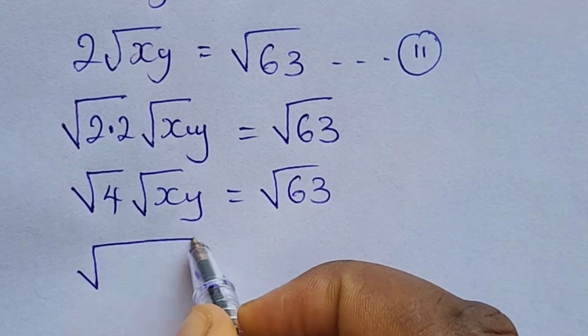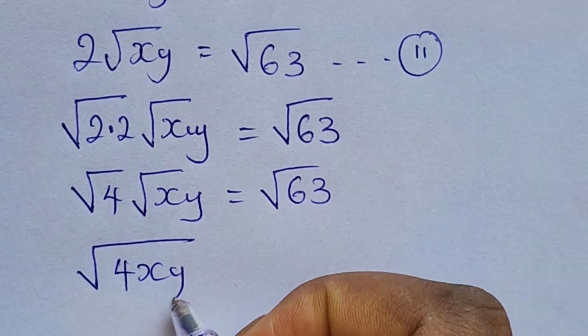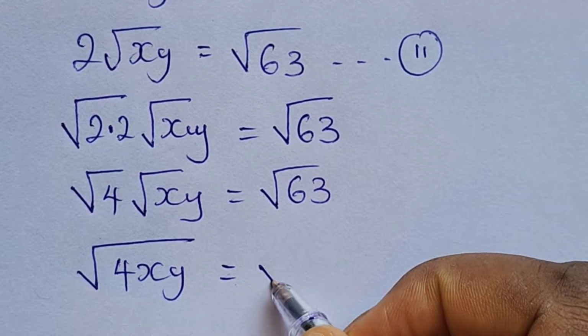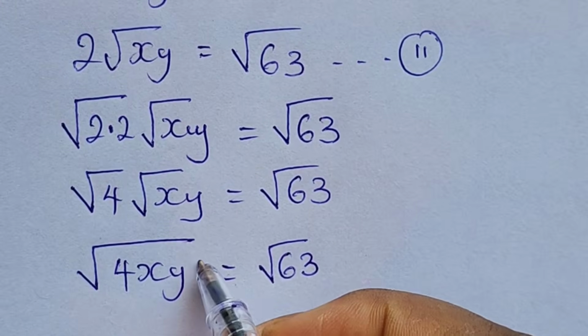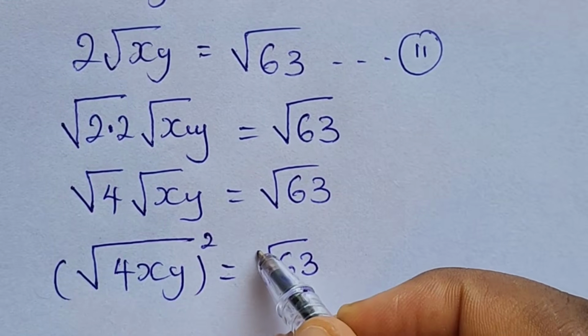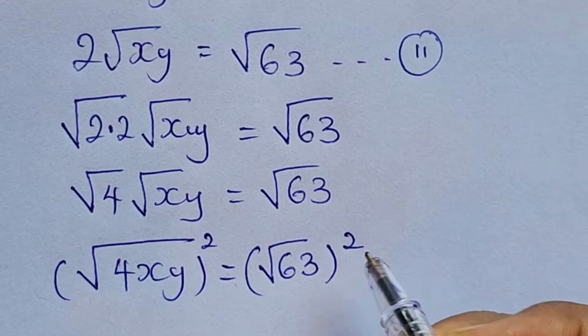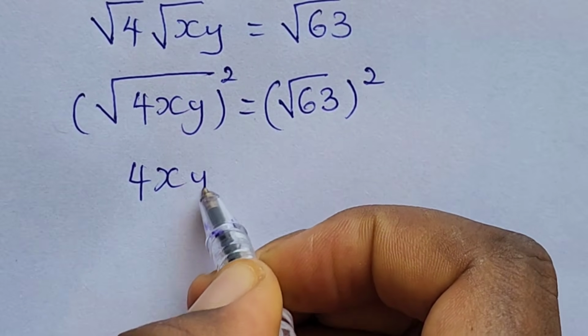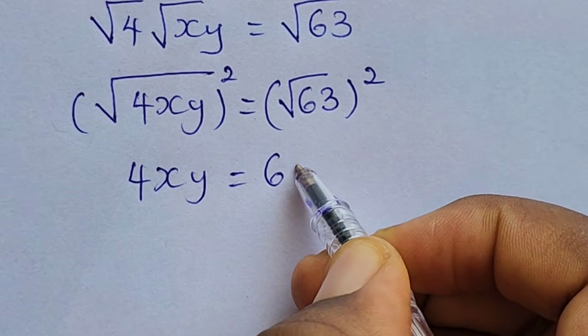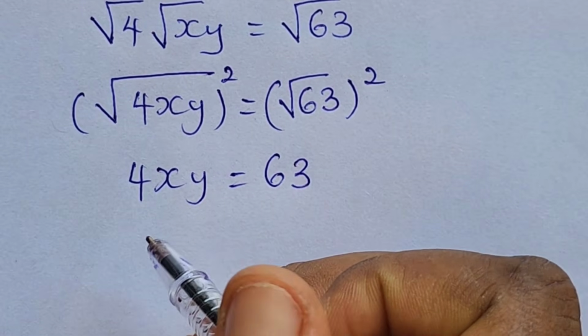So we have the square root of 4xy to be equal to root 63. So when we square both sides, we have that 4xy is equal to 63.